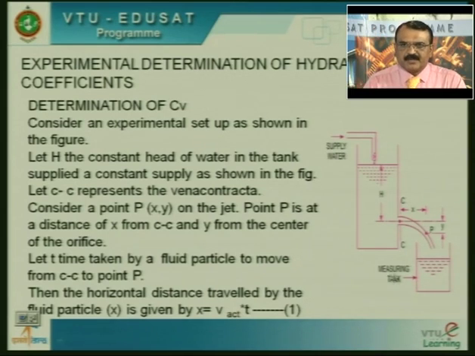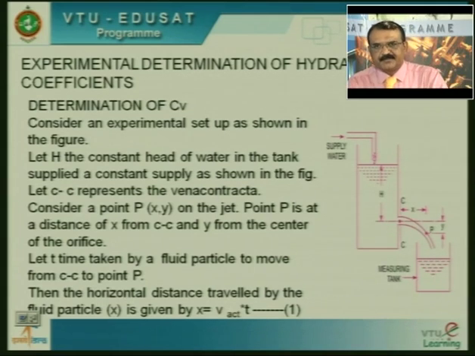Suppose I take a stop clock at time t equal to 0. I note down my initial level, the depth of water in the measuring tank, which I call small h1. Immediately start the stop clock. Collect the water for about 30 seconds, 60 seconds or 90 seconds, depending on the measuring tank. Say I collect for 60 seconds; at the end of 60 seconds, note down the final water level.